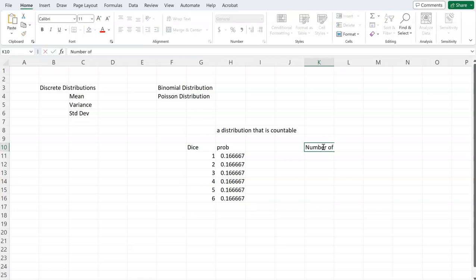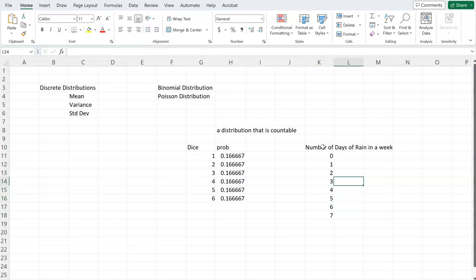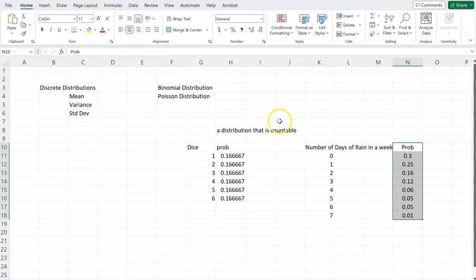if we are counting the number of days of rain in a week, we may have 0 days of rain, 1, 2, 3, 4, 5, 6, 7 days of rain. So we may have all those days of rain, and the probability of all those could be, let's say these are my probabilities of the occurrence of rain.